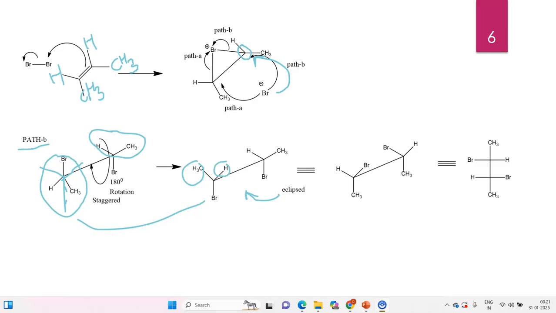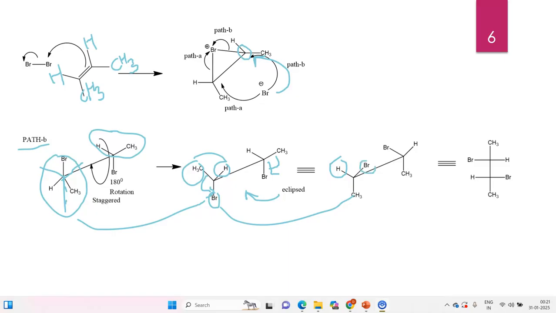So this becomes eclipsed. Now CH3 should be at the longest position, so we have to rotate this through 120 degrees, and this one also through 120 degrees. This CH3 goes to this position, this H will be at this position, and this bromine at this position.